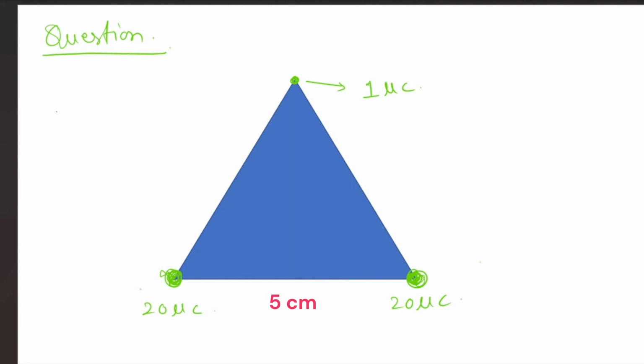So this is point B and this is point C, and let's give it a name, point A. Point A. So what we need to do is we have to calculate the force acting on 1 coulomb of charge which is kept at point A because of the charge at B and C.